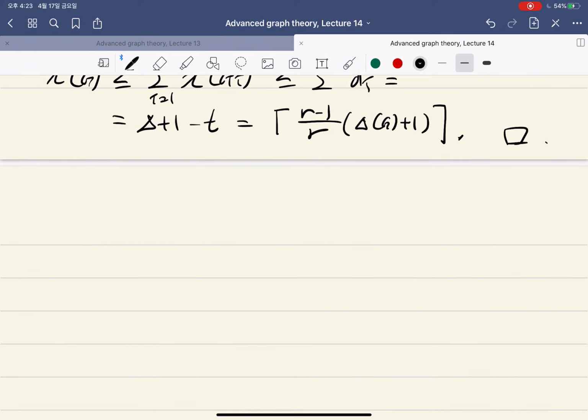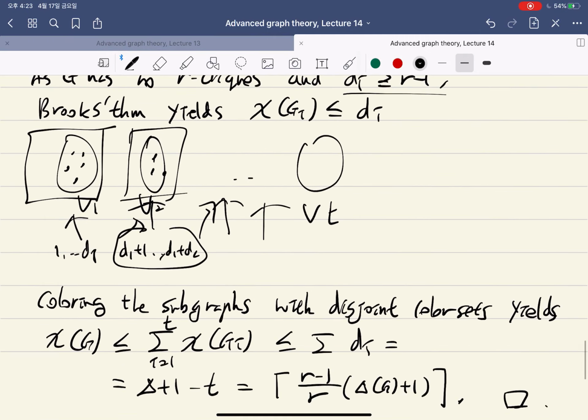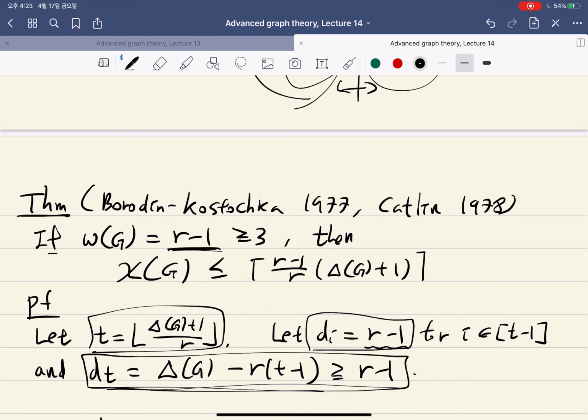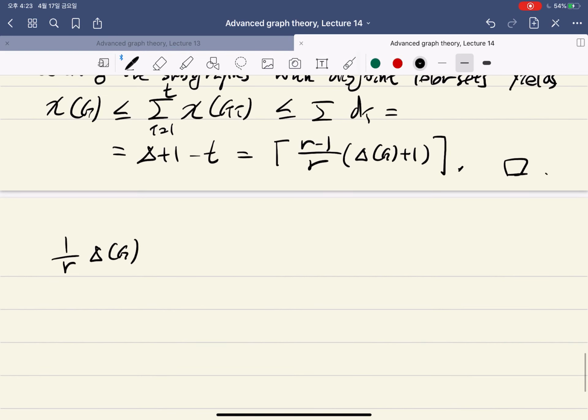So here, if you see, then our gain is around this. If we don't know anything, then we have delta plus 1. But now we can actually lower approximately this much more on the upper bound.